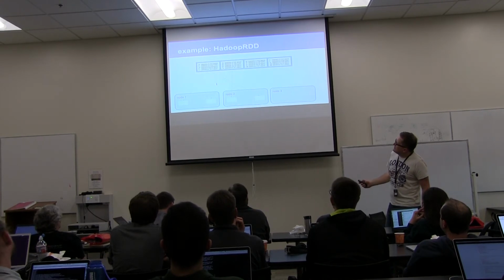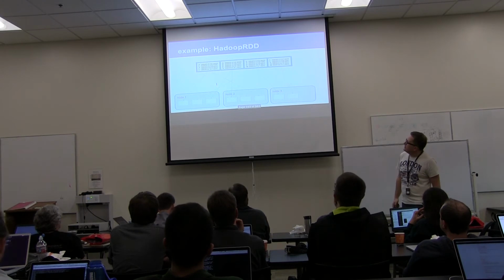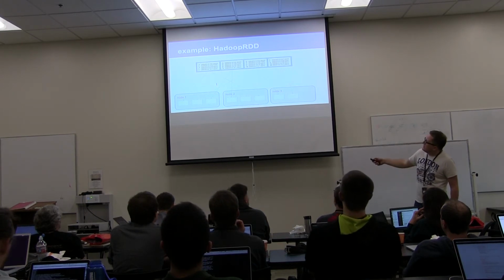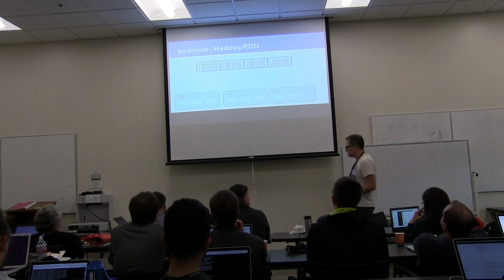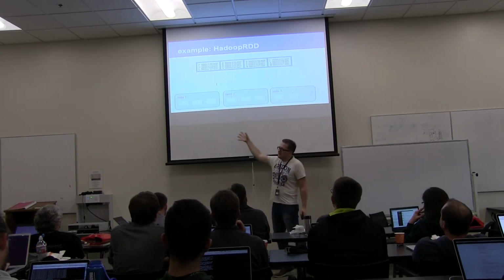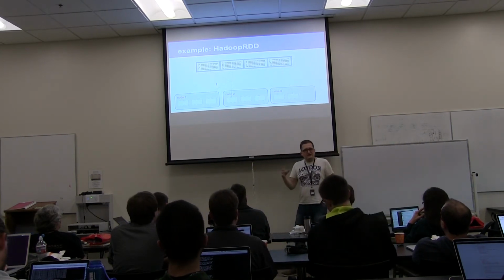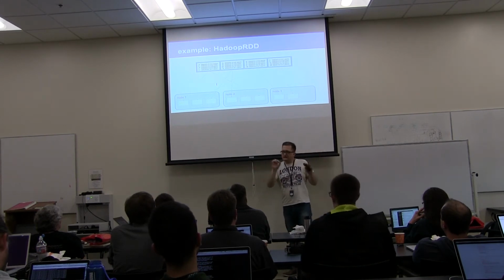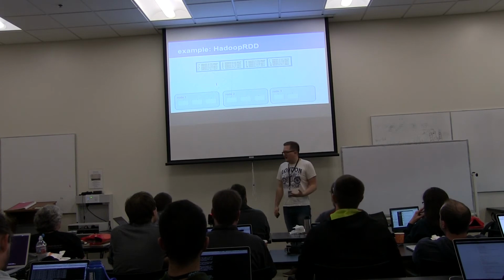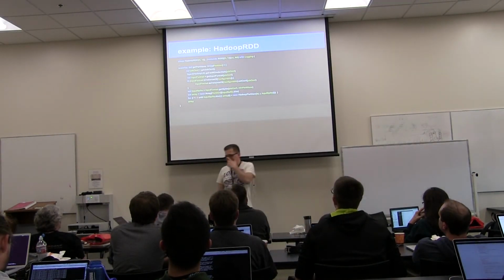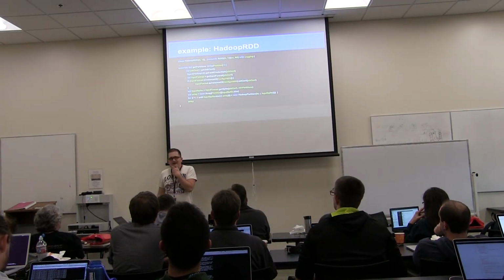The second one might live in the first and another one as well. The third lives in the first and the third, and so on. So if one of those nodes dies, we can still recreate the whole file. HDFS already provides this abstraction of dividing a big file into smaller chunks, so we can reuse that information. If the Hadoop RDD needs to implement this getPartitions method, it will just use it.